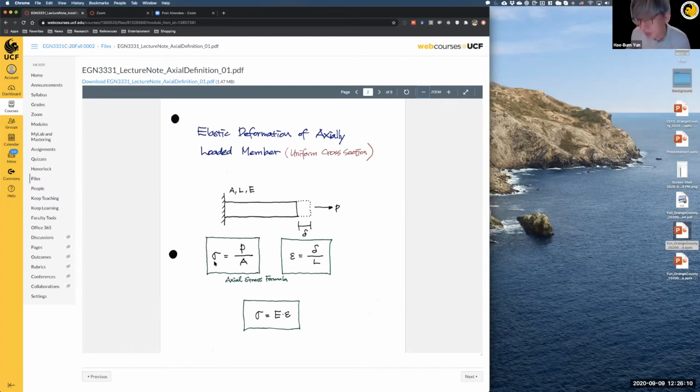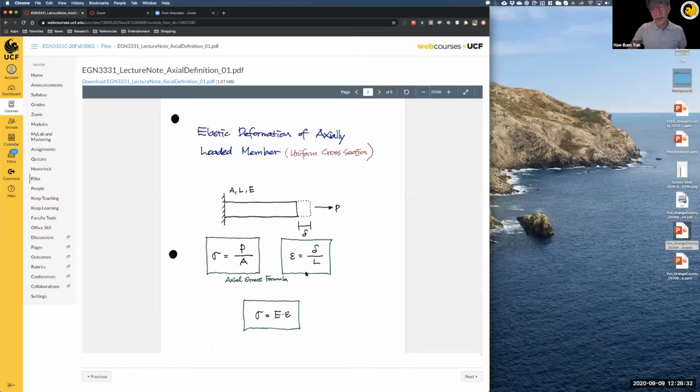And what was the definition of epsilon? Epsilon was deformed length divided by original length, L, right? So this is epsilon. These two we learned in chapter 1 and chapter 2, right?